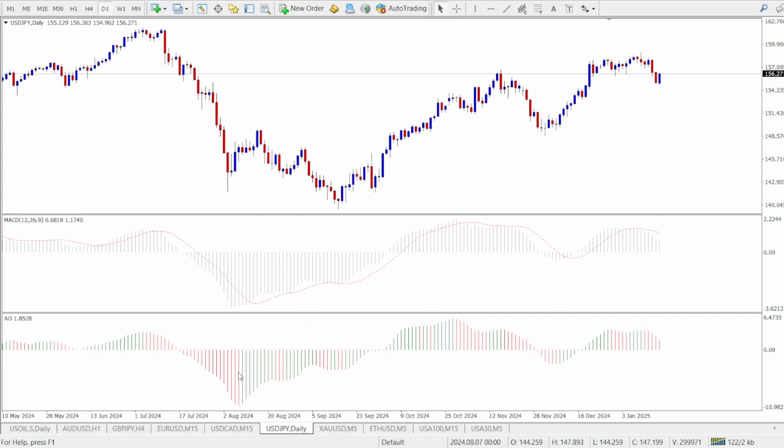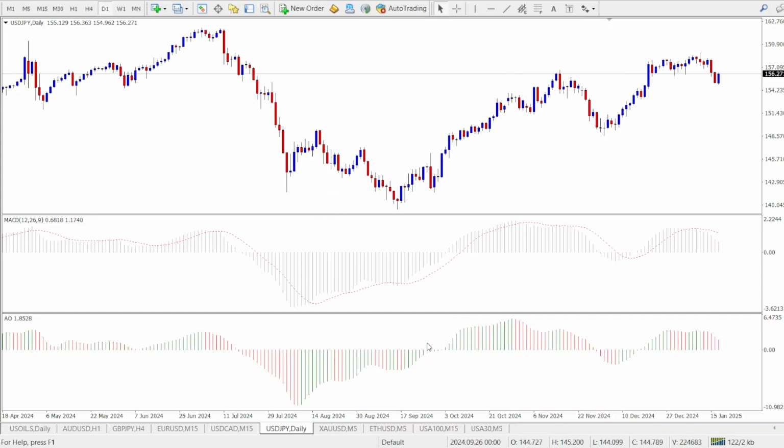It's just basically the histogram bars, displayed as a histogram that oscillates around the zero line. So green bars show increasing momentum, while red bars show decreasing momentum. The Awesome Oscillator excels at identifying momentum changes and confirming trends.